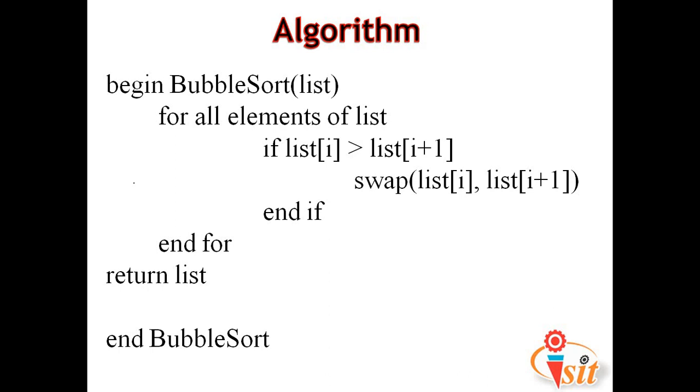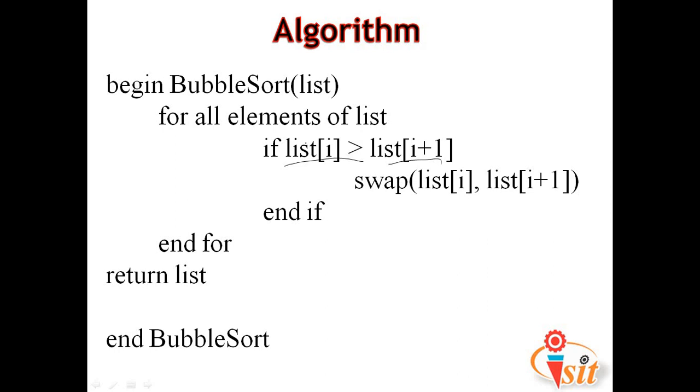Now, how to implement the bubble sort algorithm. First, we consider the array list with all the elements. Now we need to compare the first element with the second element.